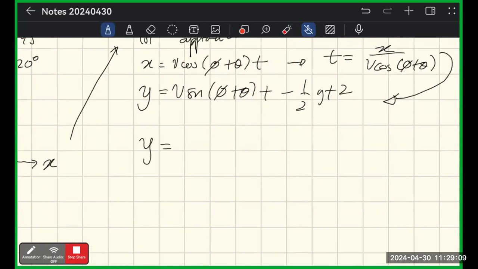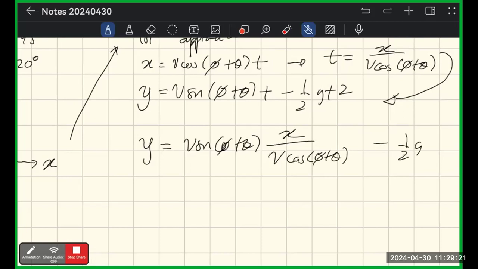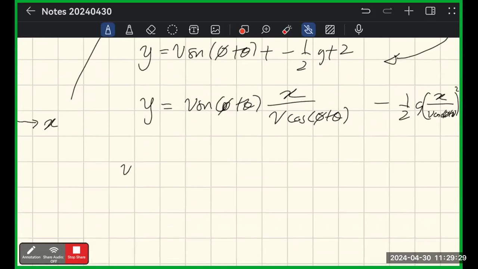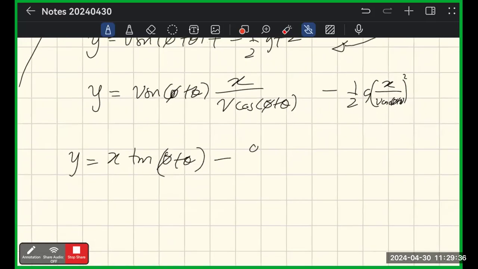So y equals v sin of phi plus theta times x over v cos of phi plus theta, minus half g t squared, where t is also substituted by x over v cos of phi plus theta. So y equals x tan of phi plus theta minus g x squared over 2 v squared cos squared of phi plus theta.